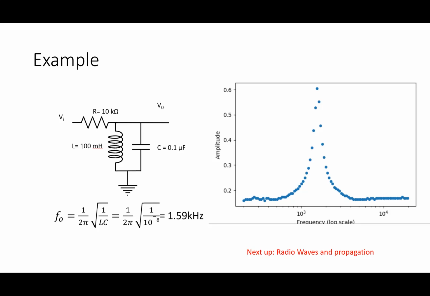The minus is hidden under the bar there. So the 1 over 10 to the minus 8 is 10 to the 8th. The square root of 10 to the 8th is 10 to the 4th. 10 to the 4th times 1 over 2 pi is 10 to the 4th times about a 6th. And that turns out to be about 1.6 kilohertz frequency. And that's exactly what you see for the resonance.